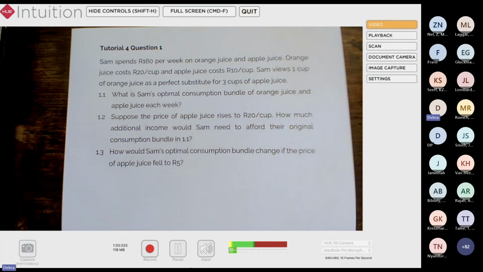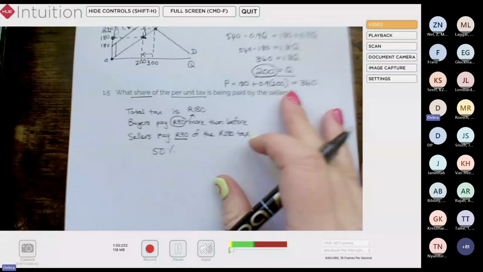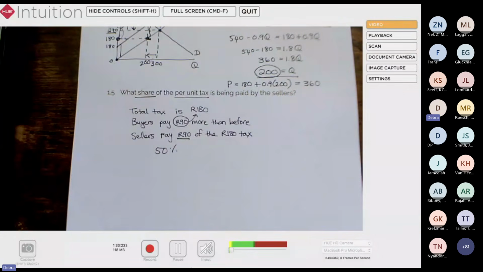I'm just going to quickly go back to 1.5 because this question refers to that. So the formula that you can also use to calculate this burden of the tax is, sorry, I'm just quickly running through my tutorial memos.